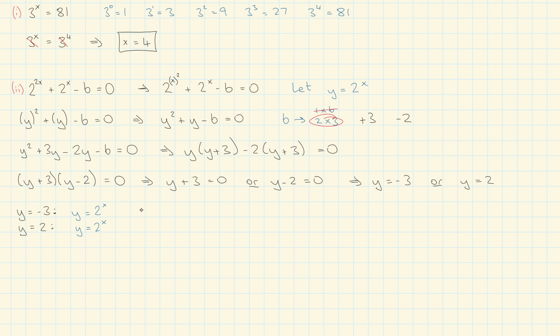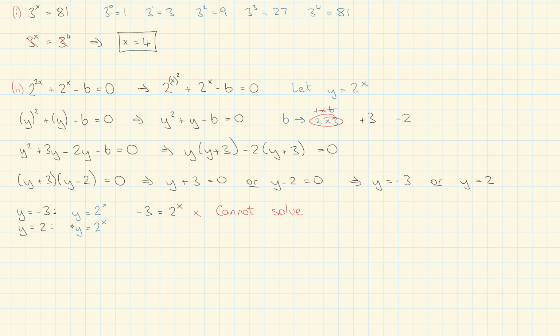So for my next line I will get minus 3 equals 2 to the power of x. And like earlier in example 1, my goal here is to rewrite minus 3 as 2 to the power of something, but we know we cannot do that, so we put an x there and say that we cannot solve.